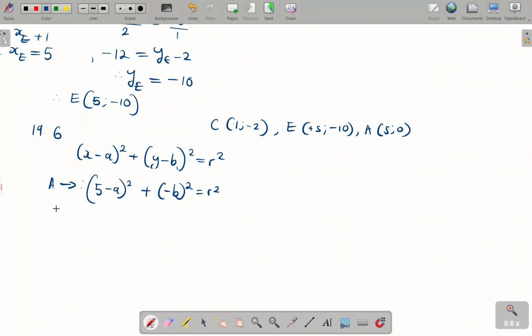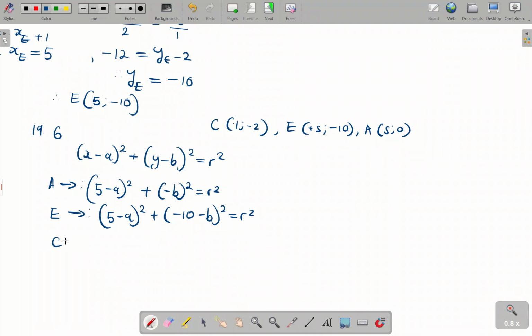So now for E, your x is 5 minus a, and then squared, plus your y at E is -10 minus b squared, equals r squared.